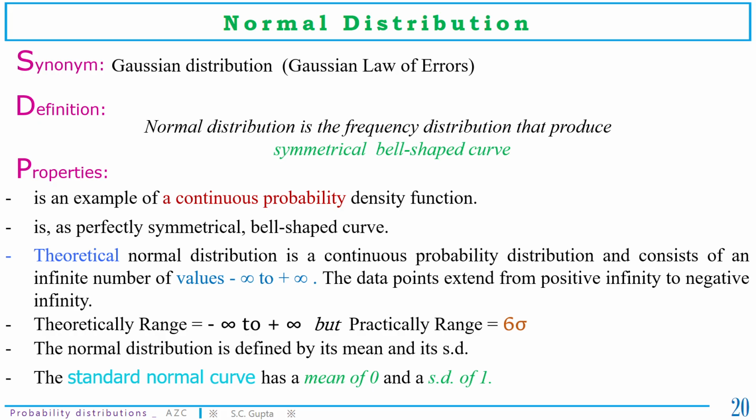The normal distribution is defined by its mean and its standard deviation. The standard normal curve has a mean of 0 and a standard deviation of 1.